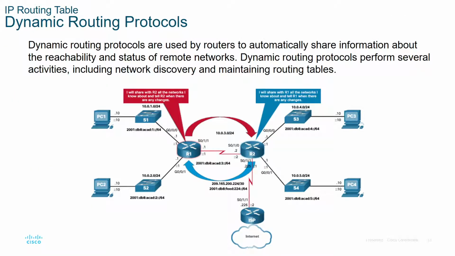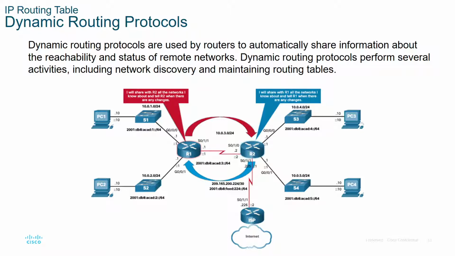Dynamic routing protocols. Dynamic routing protocols are used by routers to automatically share information about the reachability and status of remote networks. Dynamic routing protocols perform several activities, including network discovery and maintaining routing tables.